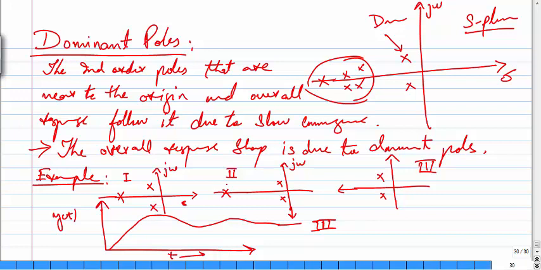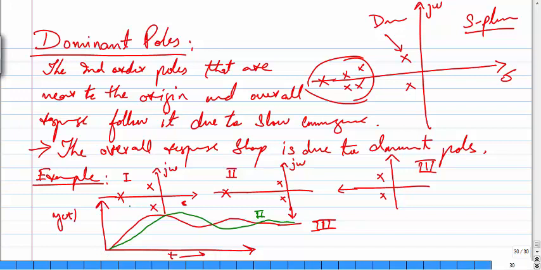Now if we look at case 2, this pole is further away from the dominant pole, so it doesn't affect the shape much. So for case 2, let me change the color, we have almost the same shape. Okay, so this is for case 2.